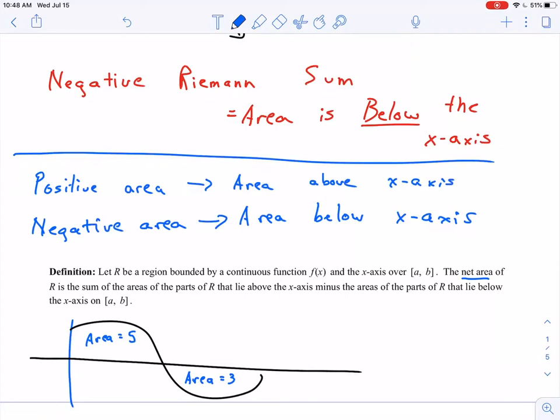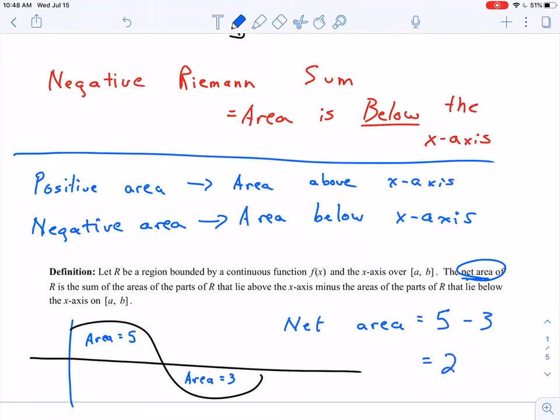If I wanted to find the net area, which is what the Riemann sum calculates, I would take the area above the x-axis, which is 5, and subtract the area below the x-axis, which is 3. My net area would be 2.